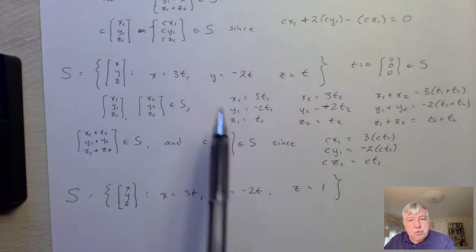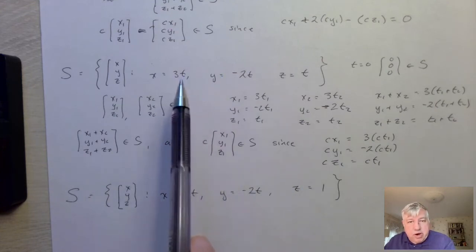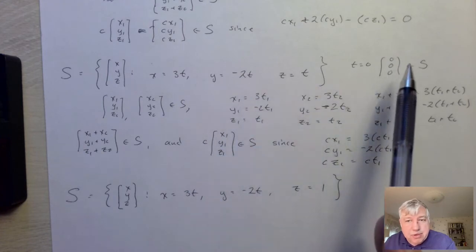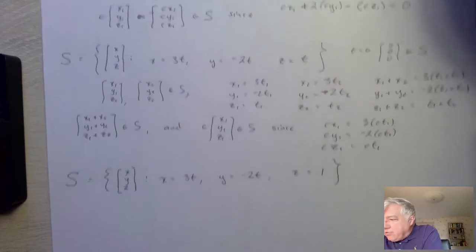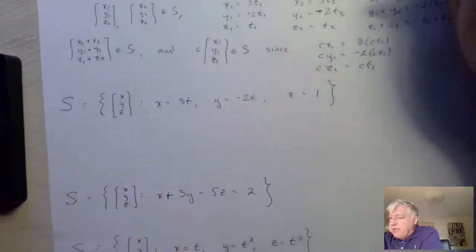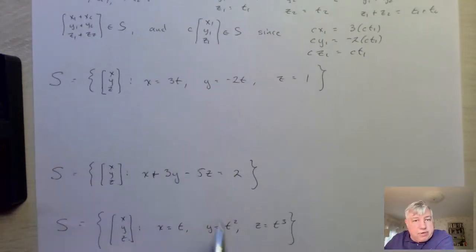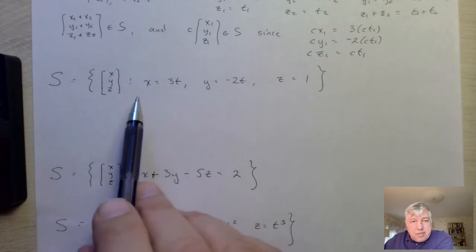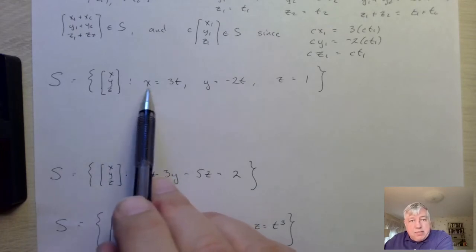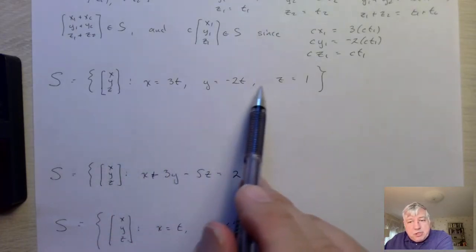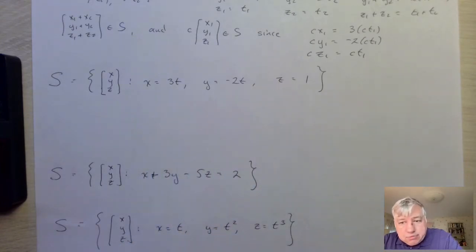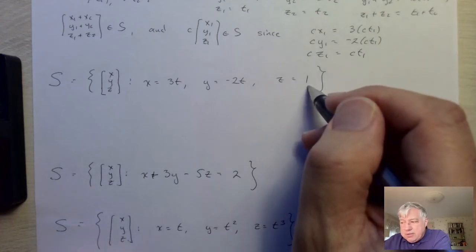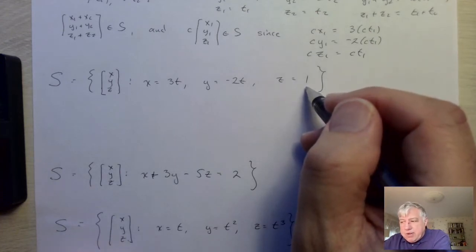Okay, so here again, we're helped by the fact that this includes the origin. If it doesn't go through the origin, then we're out of luck, or at least we won't have a subspace. In this example, these parametric equations once again define a perfectly good line in R3, but because v is always 1, there's no way the origin can be in here.